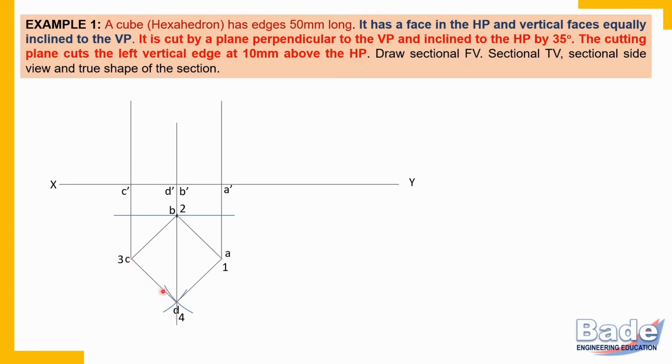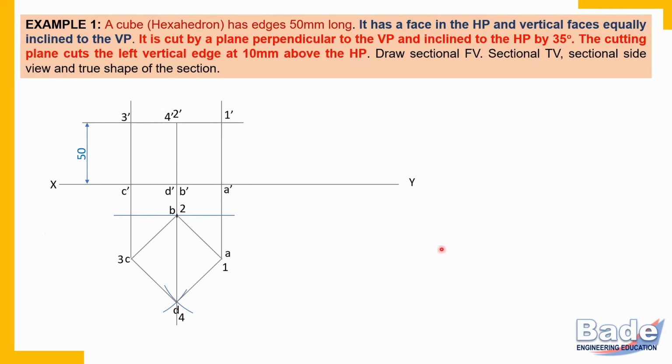So length of base edges is 50 millimeters. So length of face edges, that is nothing but height of cube, is also 50 millimeters. Measure 50 millimeters and draw top surface 1, 2, 3, 4. So this is how 4 base corners, 4 top corners, front view of this cube is complete.